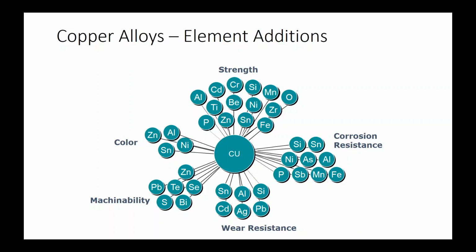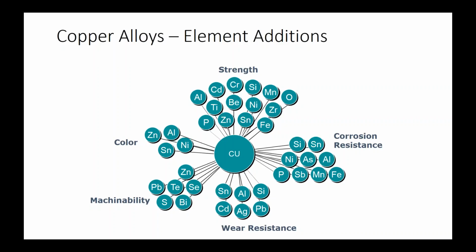Some of those same elements are added for corrosion resistance, but silicon, tin, nickel, aluminum, manganese, iron are used. For wear resistance, you want a harder material, maybe has different characteristics. Again, you put in tin, aluminum, silicon, but there's cadmium, silver, and lead for wear resistance. Very unusual, but true. Machinability, you add zinc, lead, tellurium, selenium, sulfur, bismuth.